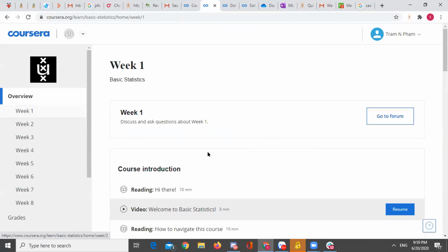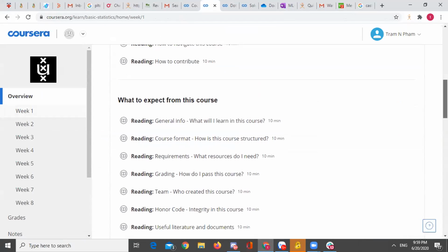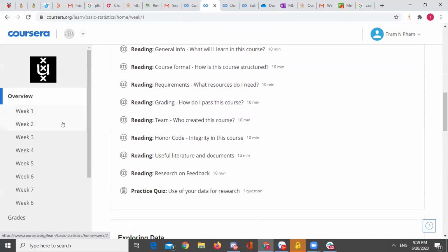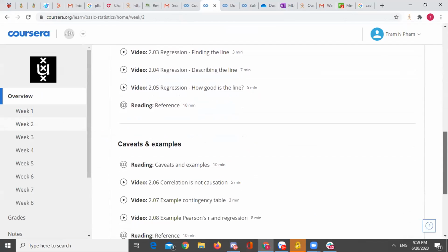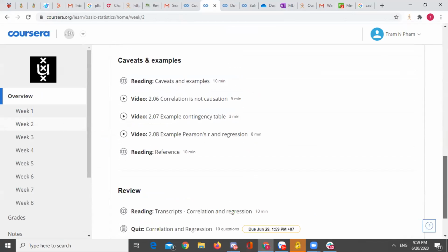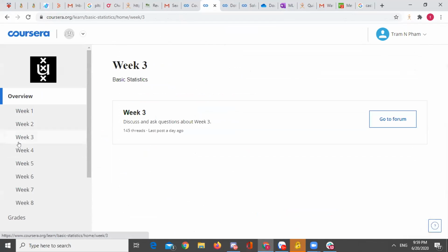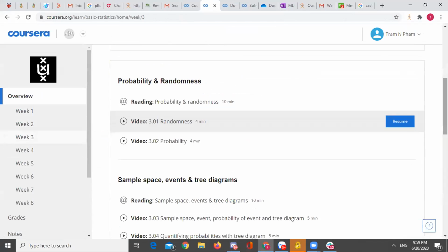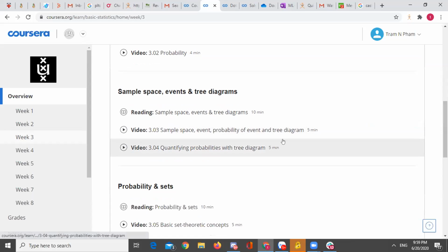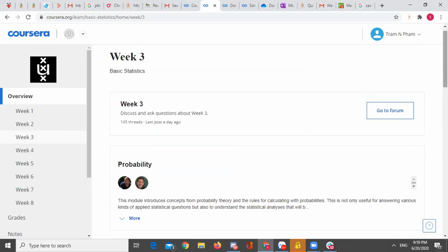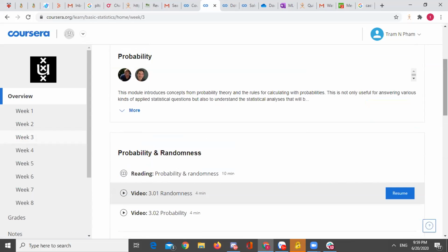I wonder if it would be better if we start with this instead. We will learn regression and correlation, stuff like that. This is statistics. Yeah, we can start. No problem. So next week, let's start with this instead of the math. I think the math is too advanced for me.